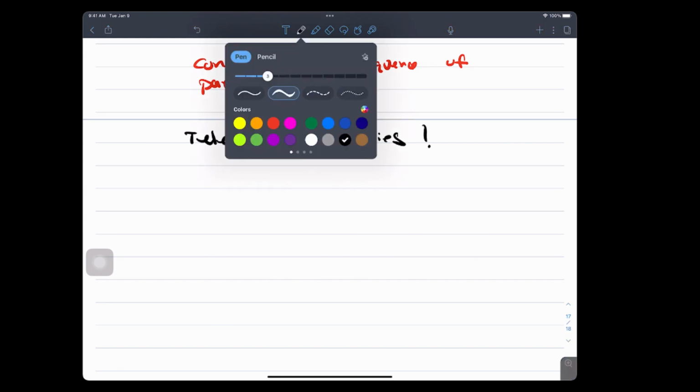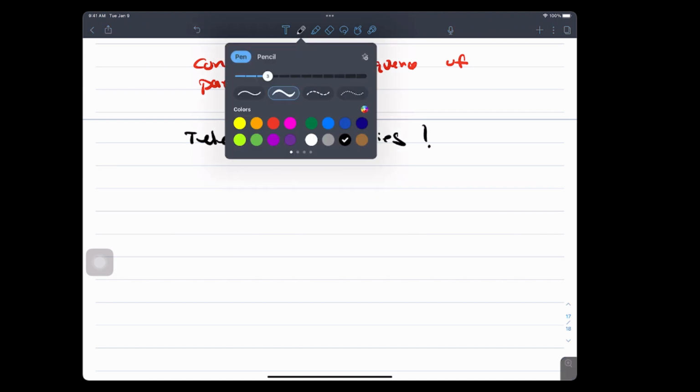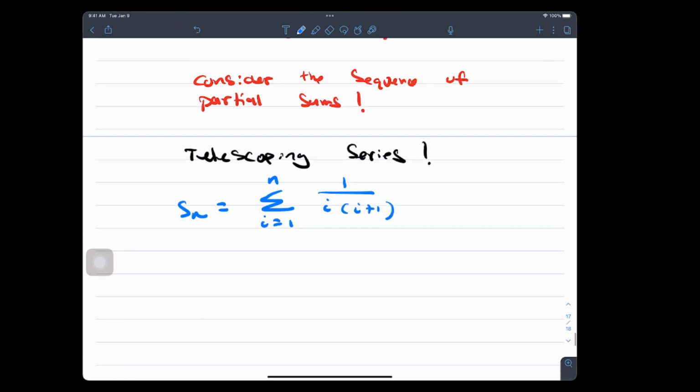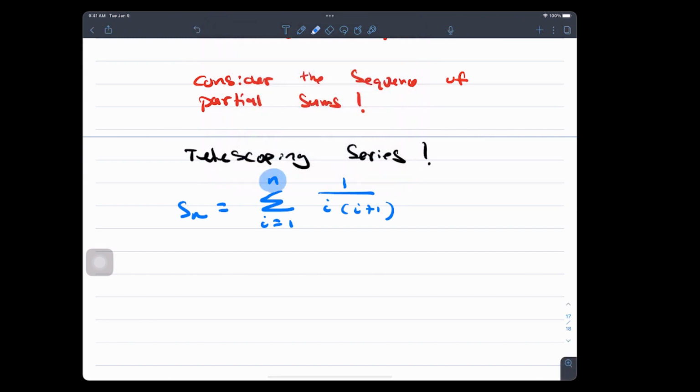Now you go, what do you mean it's telescoping? What's the sequence of partial sums? You guys remember that? S_n, the first n terms, is the sum. I'm going to have to change my index: i goes from 1 to n of 1 over i times i plus 1. You're going to end at n.